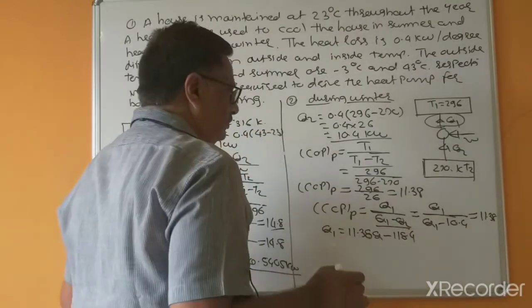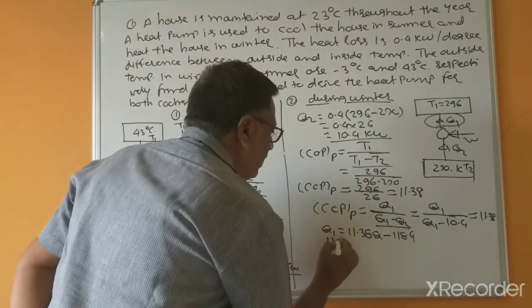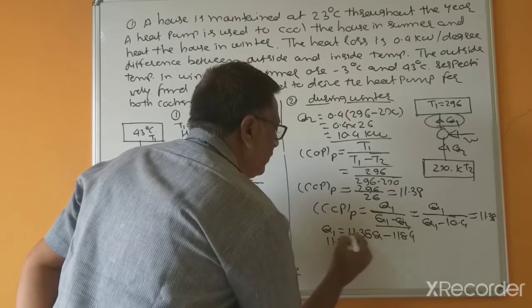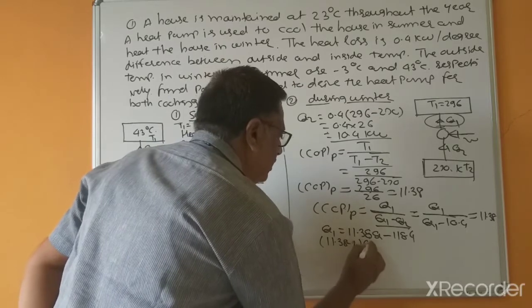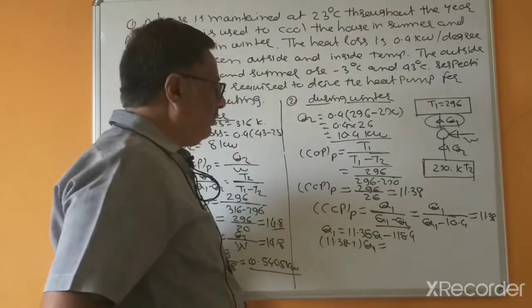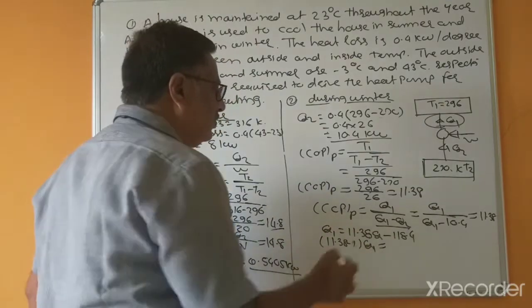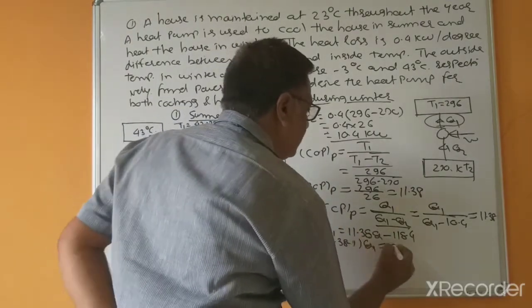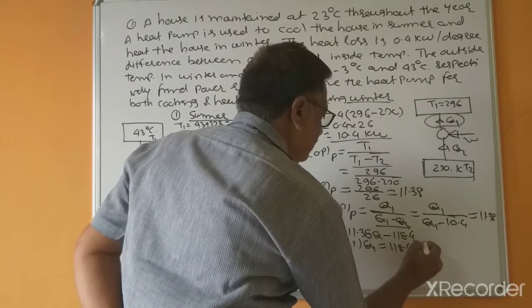Now take like terms, 11.38 Q1 minus Q1, and taking these terms on the left hand side, equal to 118.4.